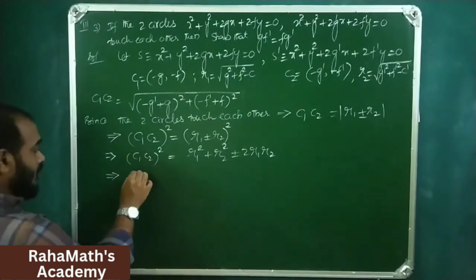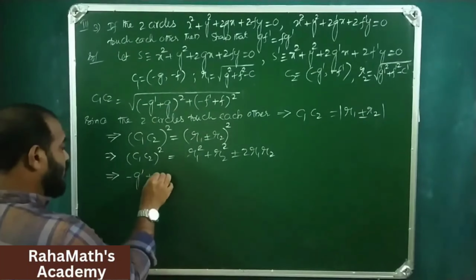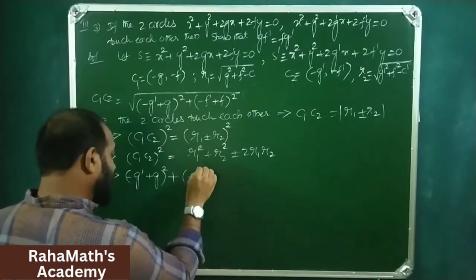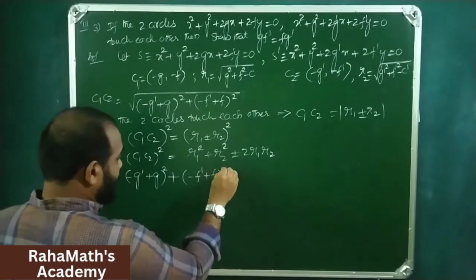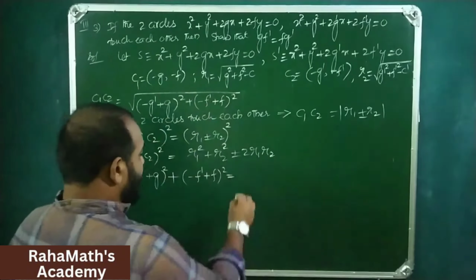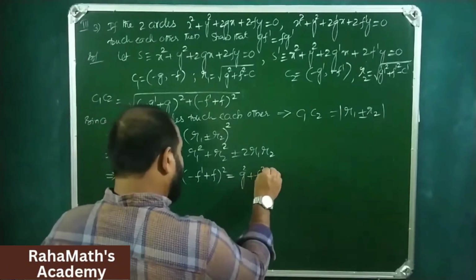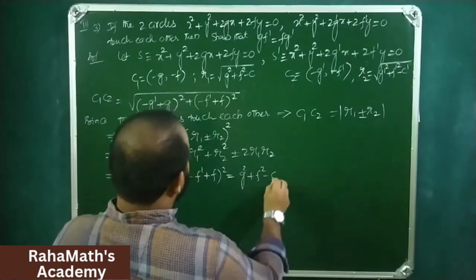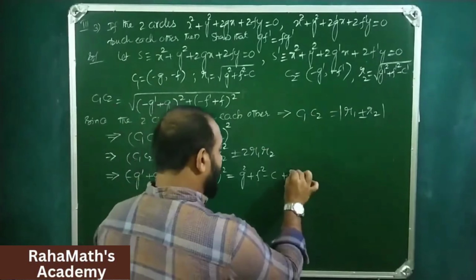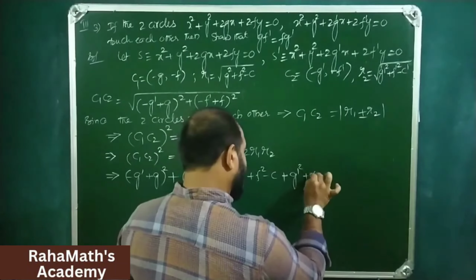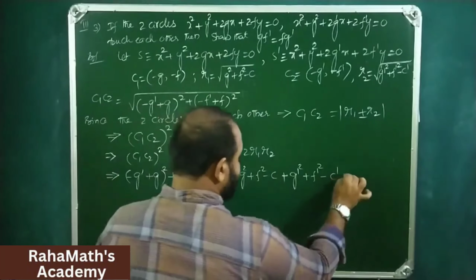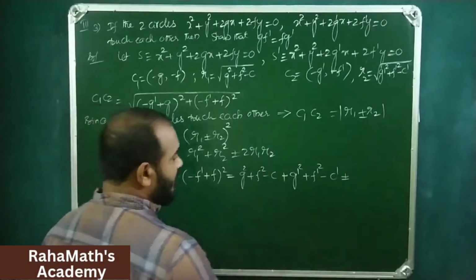Therefore, this is minus g dash plus g whole square plus minus f dash plus f whole square, equal to R1 square, the square and root will be eliminated, so g square plus f square minus c, plus R2 square, which is g dash square plus f dash square minus c dash, plus or minus 2 R1 R2.